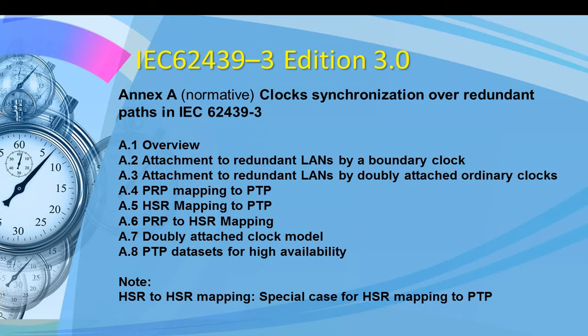Here are 8 different chapters. Chapter 1, the overview. Chapter 2, attachment to redundant lines by boundary clock. Chapter 3, attachment to redundant lines by doubly attached ordinary clocks. Chapter 4, PRP mapping to PTP.